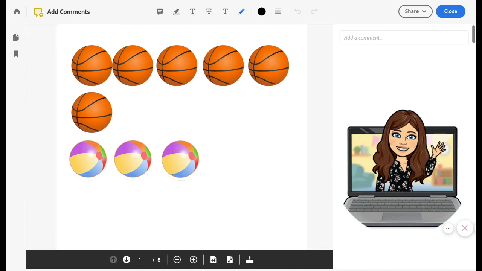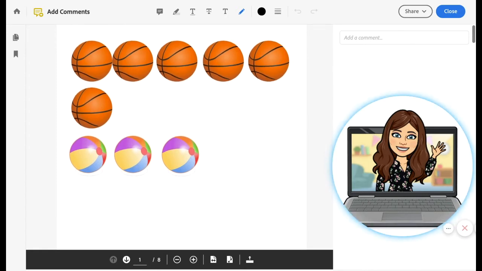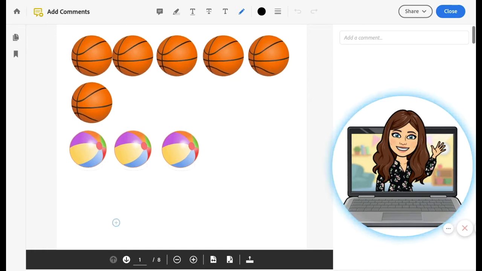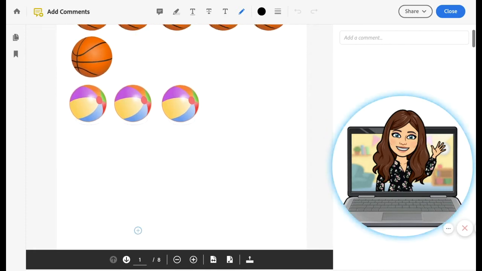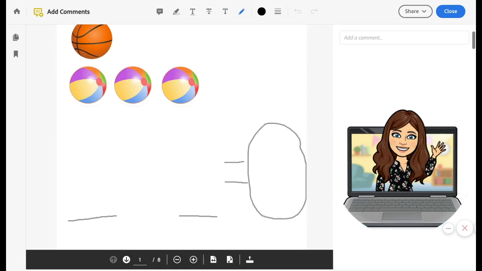So just like when we did our number sentences in addition, we need to do these for subtraction too, because it's really important to write out the whole sentence of the problem that we are solving. For a subtraction problem, we're still going to have the two numbers, the equal sign, and the number that we find from subtracting in this circle, but instead of a plus, we're going to do a minus sign here.